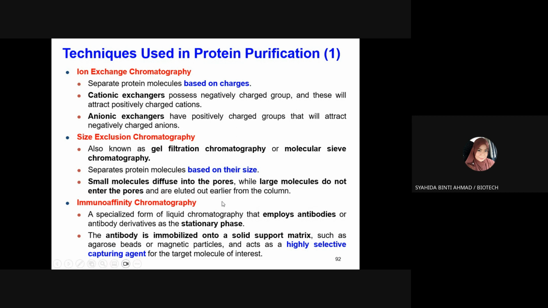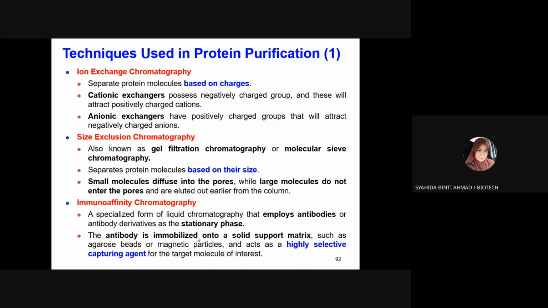Now we can use immunoaffinity chromatography in order to extract the specific protein. This is a highly selective capturing agent, where the matrix or stationary phase has an antibody that is specific to your protein.